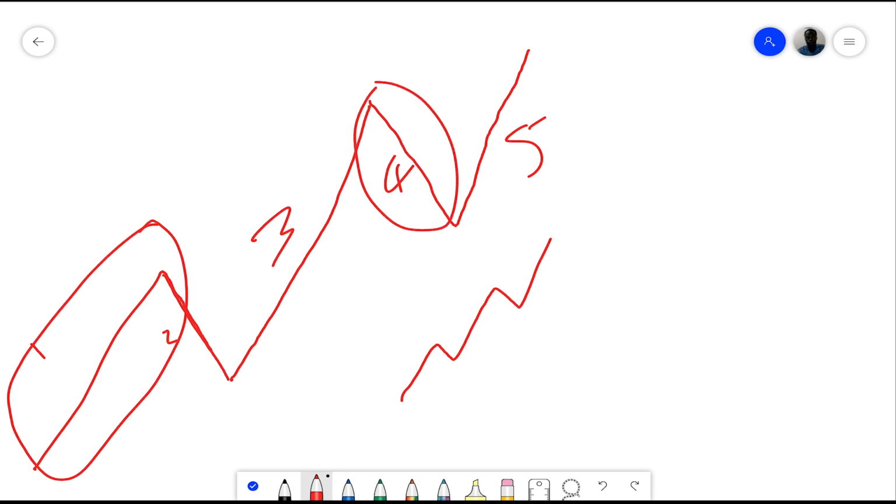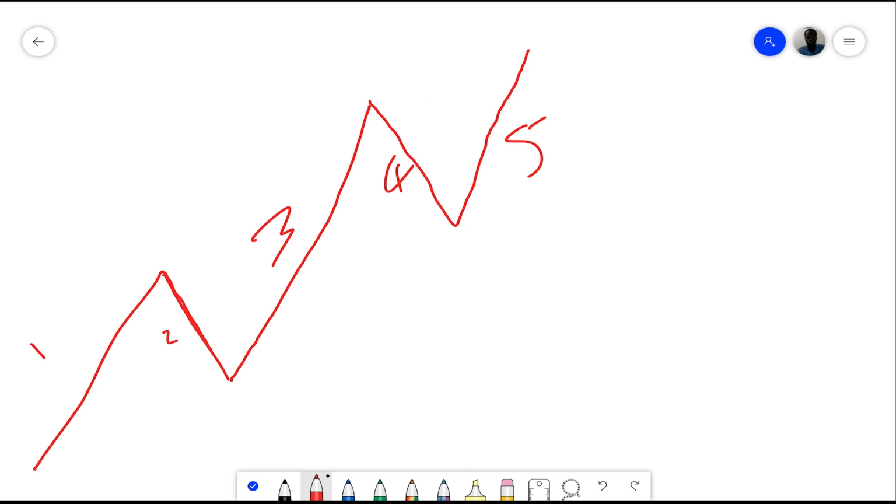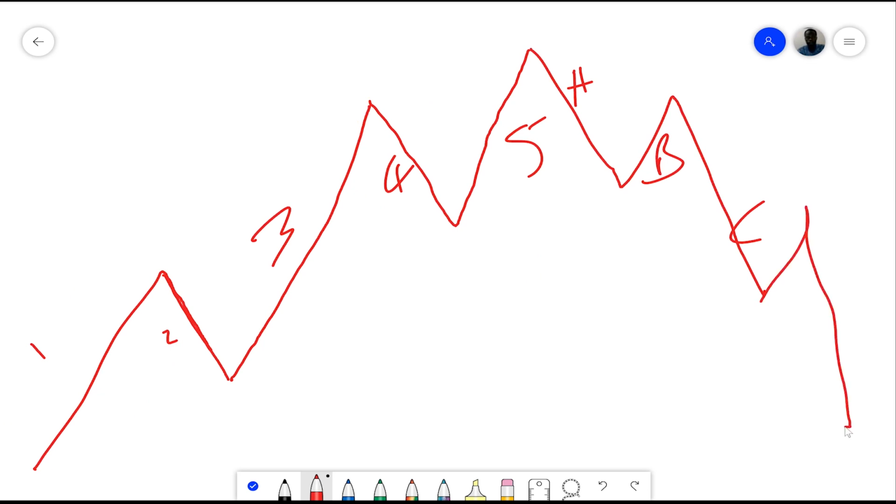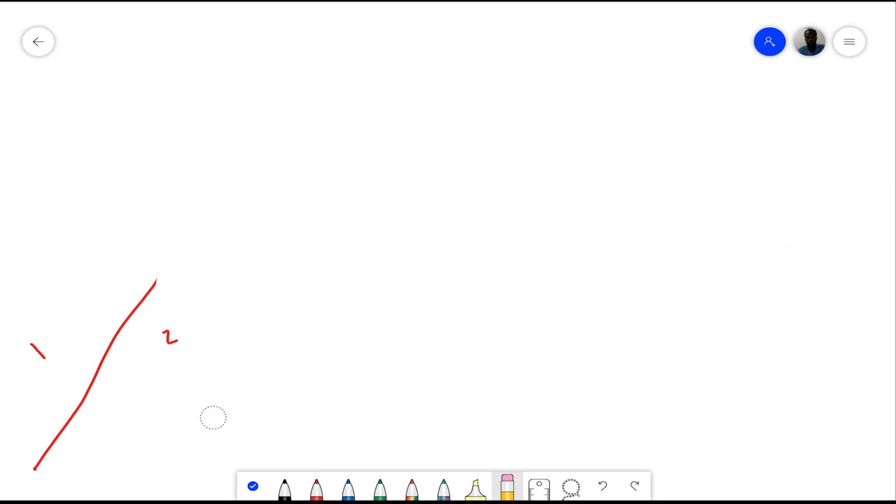So let me join this with this. So this is 1, 2, 3, 4, 5. So you have wave 1, 2, 3, 4, 5. Technically, don't mind my drawing, it's because I'm using my hand. I can't find my stylus pen.